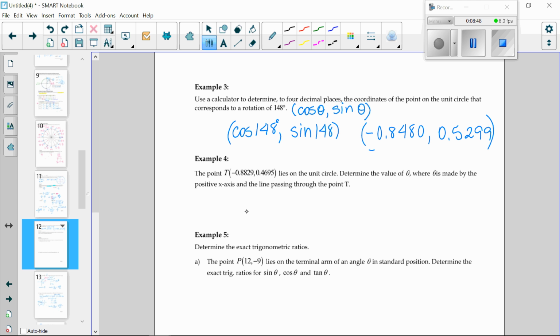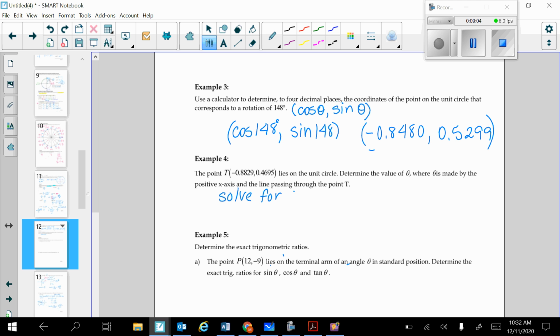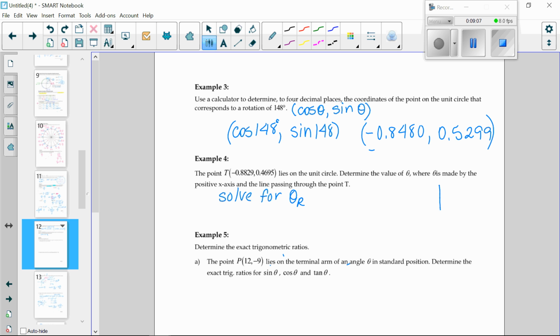Okay. So let's solve for theta r, because if we think about this, my angle is going to be, okay, I've got negative cos, positive sine, so that is going to have to be somewhere in here, okay?